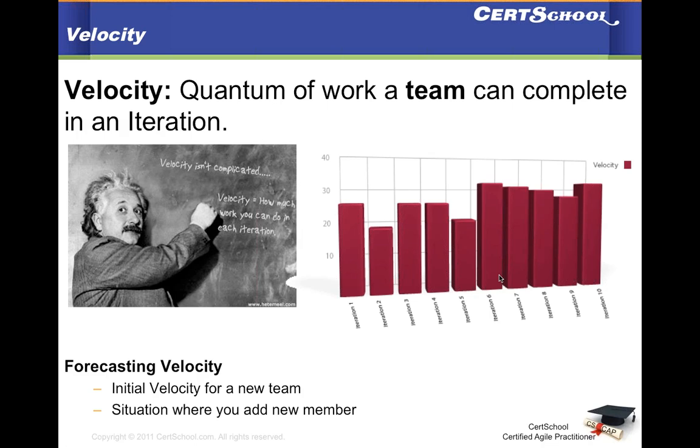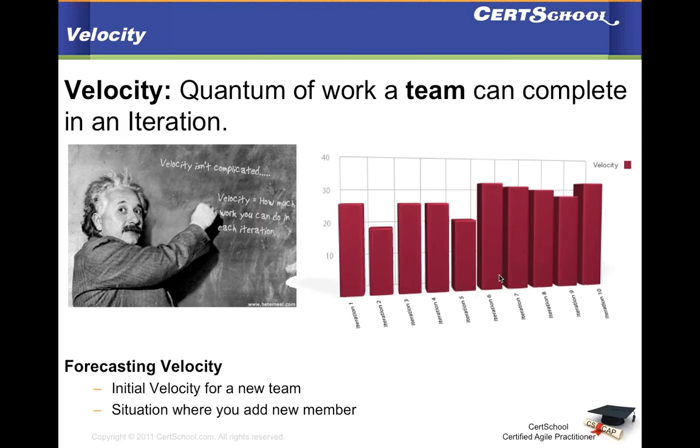So there's always some objective way, some calculative way that you may have to come up with to set a velocity. All the agile tools these days, like, I'm a big fan of Greenhopper, which is a plugin for Jira, they allow you to view your velocity in a good bar graph, like what you're seeing here on the screen.